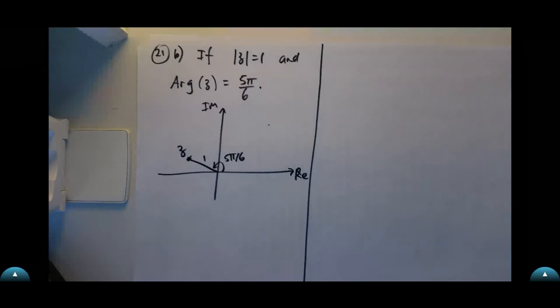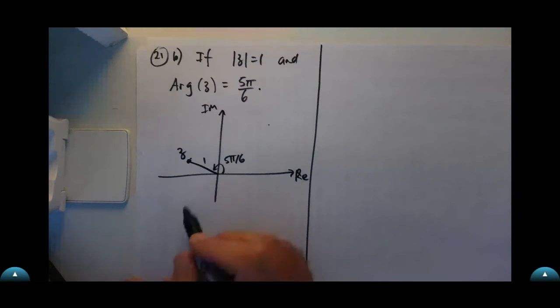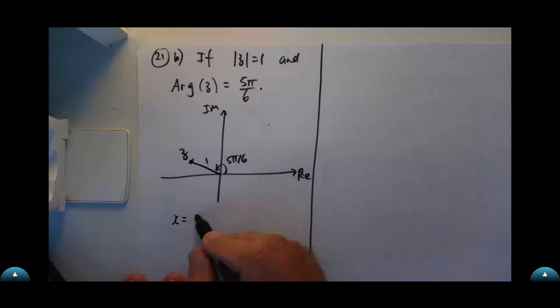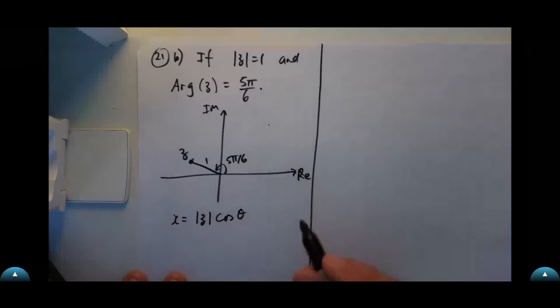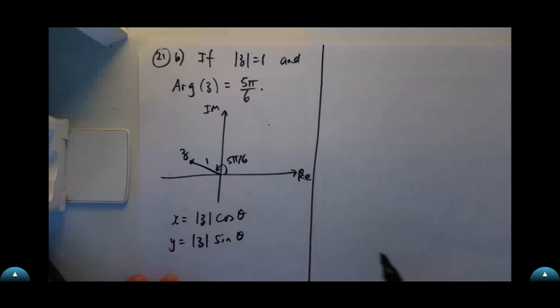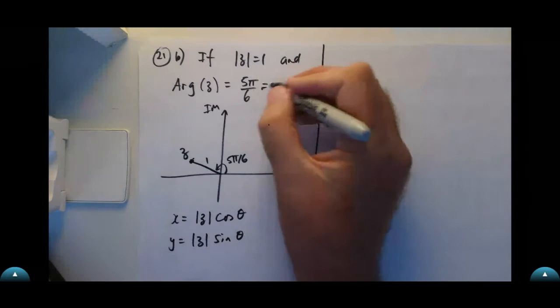We're asked to find the Cartesian form. Very similar to polar coordinates, we know that the x part is given by this and the y is given by this, where this is your theta.